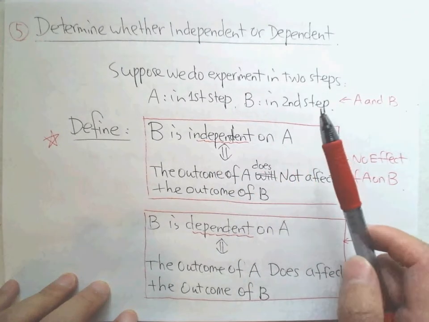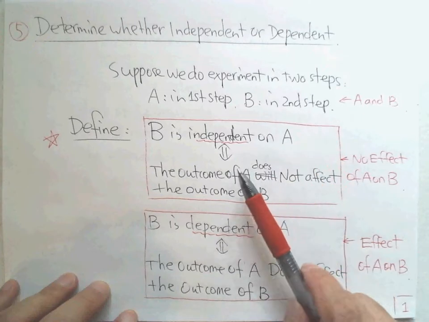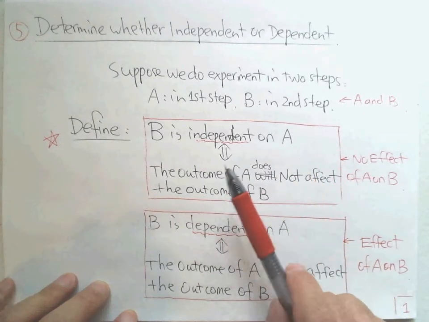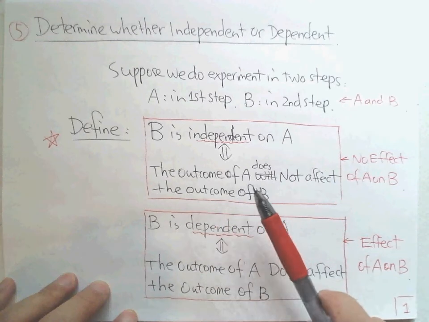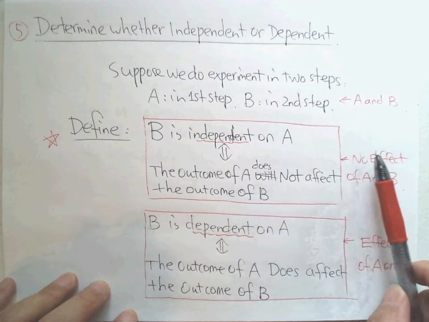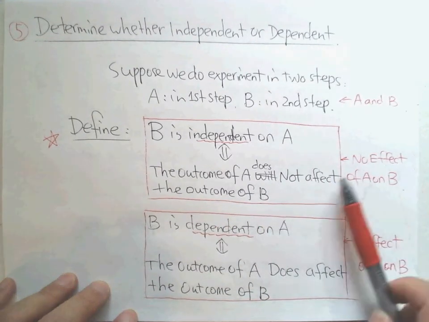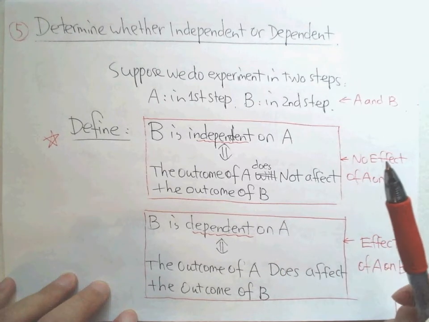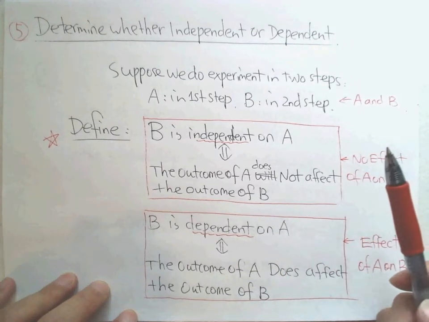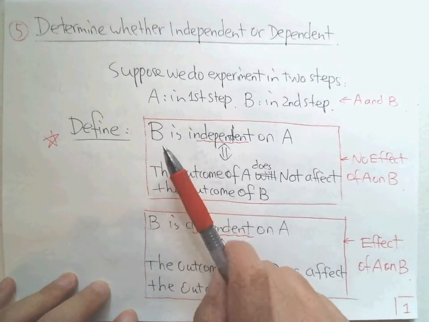The exact definition is this: the outcome of A does not affect the outcome of B. No effect of A on B, no matter what A happens, whether A succeeds or fails, B always has the same outcome or the same probability.